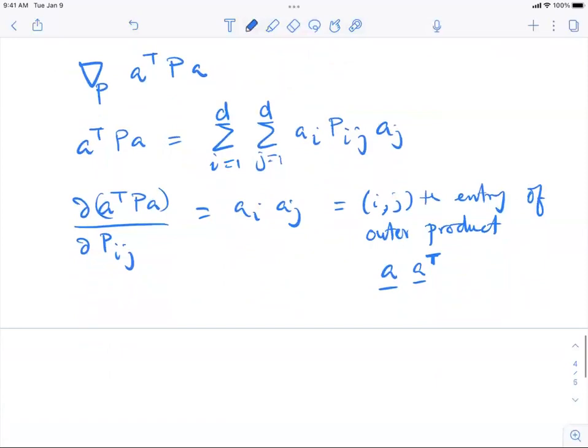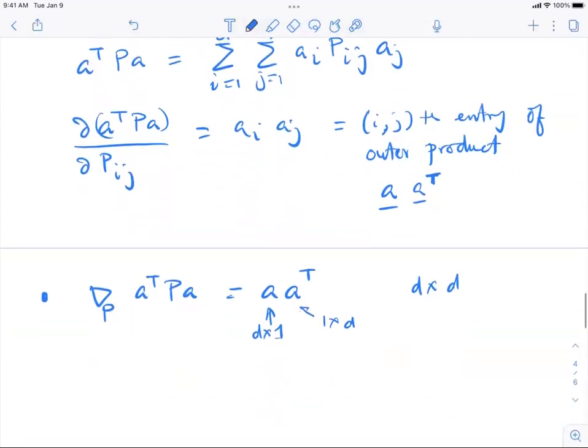So the gradient of a transpose P a is simply the outer product a a transpose, and you can see that a is d cross 1, its transpose is 1 cross d, so it is indeed a d cross d matrix, this outer product matrix, right? That's what it is.